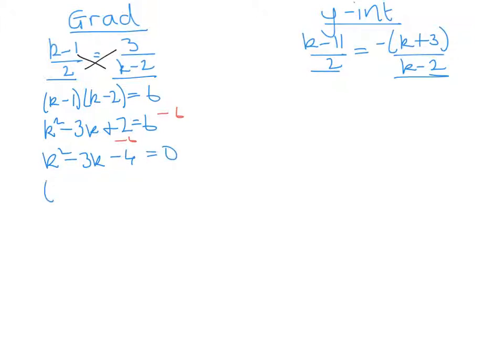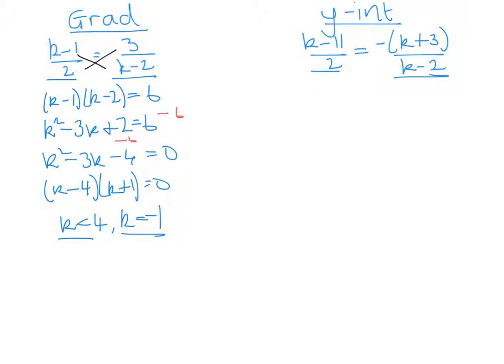I can factorize this to k minus 4, k plus 1. That would mean k was equal to 4, or k was equal to minus 1. So if k is equal to 4, the two lines are parallel, and if k is equal to minus 1, they're parallel.